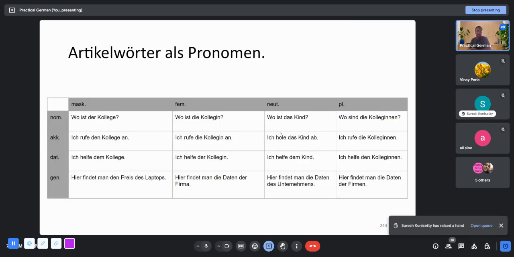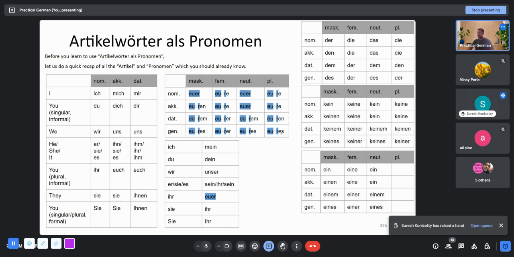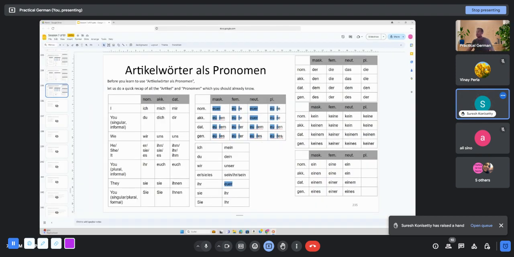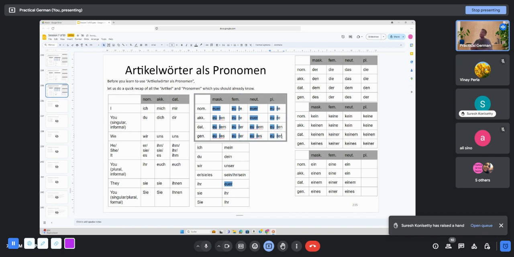Suresh, please ask. One question, Rohit. Pronouns will not have genitive? A good question. I was actually thinking about this. I don't see any scenario where it will be genitive. I don't think it really exists. I really don't know.